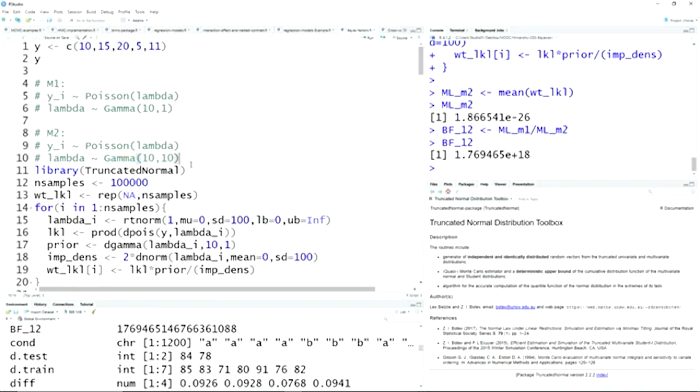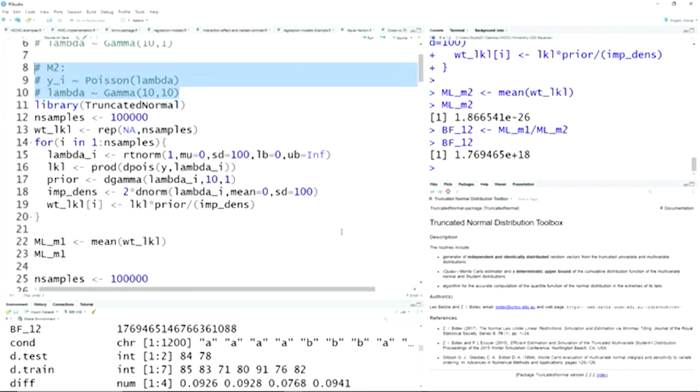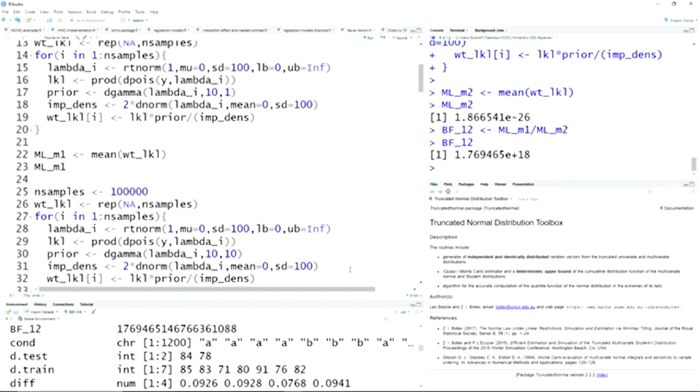So this model is actually not a good model because it makes a strong prior assumption that the rate of road accidents is somewhere between 0 and 2. So that is why this is not good. This is good because this allows the lambda values to be between, let us say, around 5 and 50 or so, right. So this is fine, but this is too strict a prior, that is why this is not a good model, and that shows up in the Bayes factor.